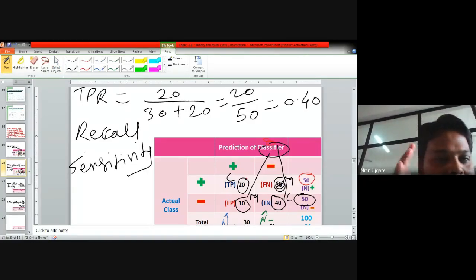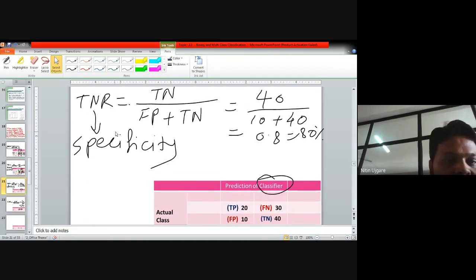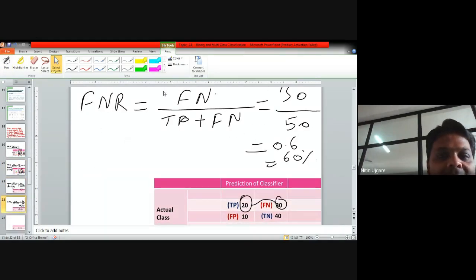So TPR is used with three different names. It may be referred to as true positive rate, recall, or sensitivity. Whereas the TNR is called specificity, and the FNR is called miss rate.